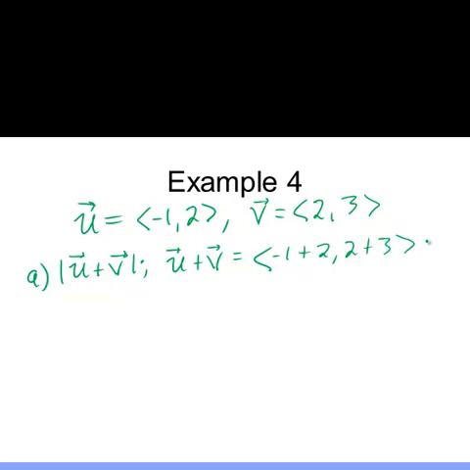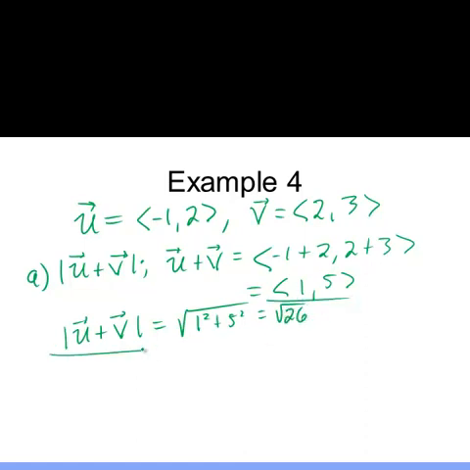So what we would end up with is 1, comma 5. That is u plus v. And then to find the magnitude of that resulting vector, that will just be the square root of 1 squared plus 5 squared, which is the square root of 26.